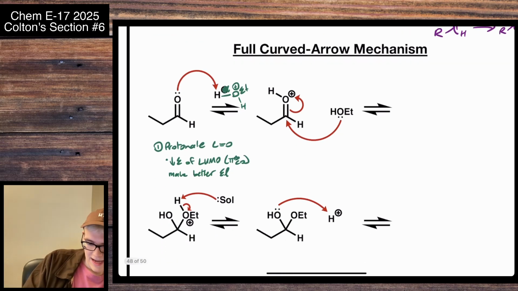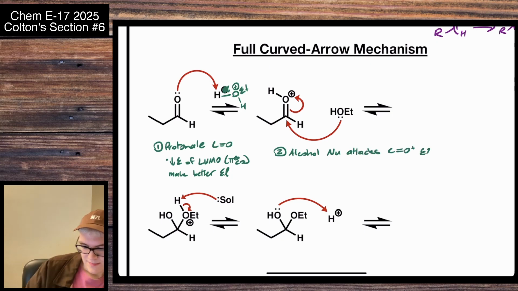Second step, we have an alcohol nucleophile attacks a carbonyl electrophile. And these are the exact same steps that we saw for hemiacetal formation as well.